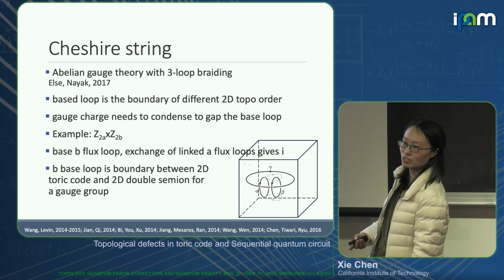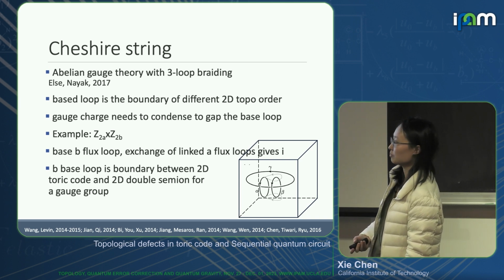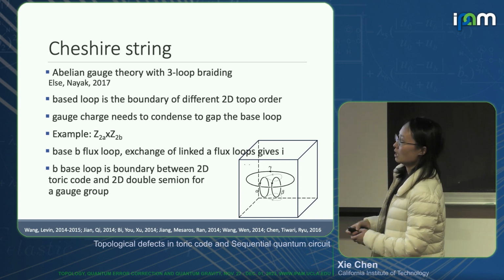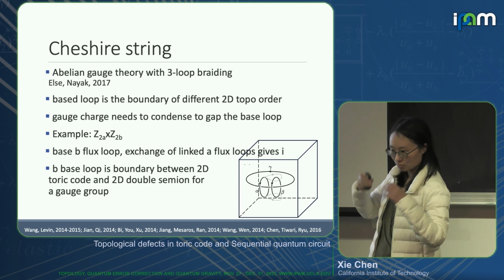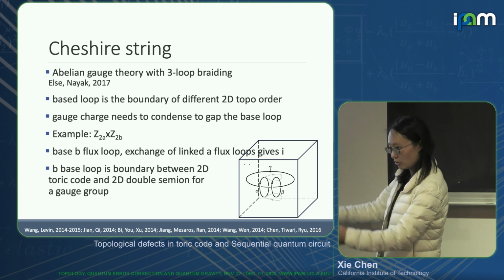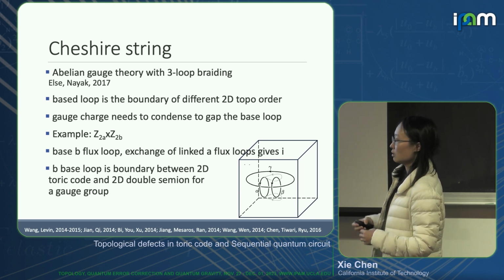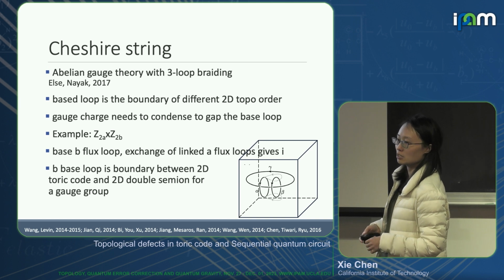So it has to be Cheshire in a way. Right? So in these kinds of situations, Cheshire string is necessarily built in, even though we just want to talk about gauge charge and gauge flux loop excitations.